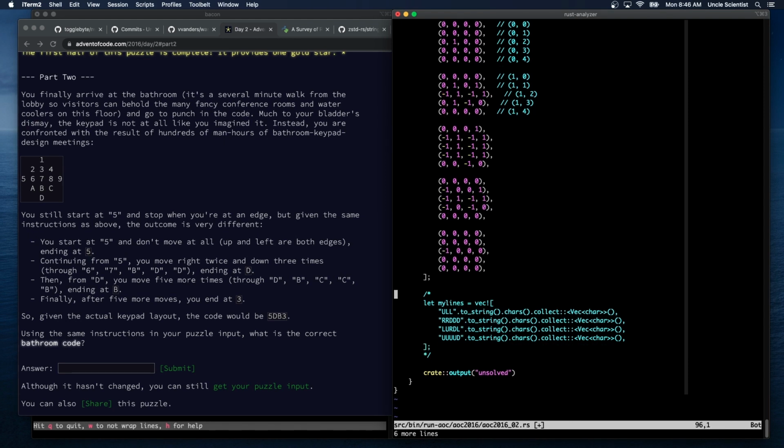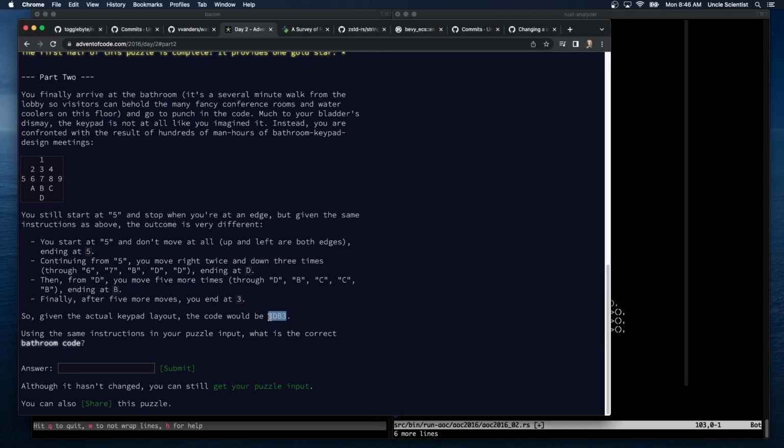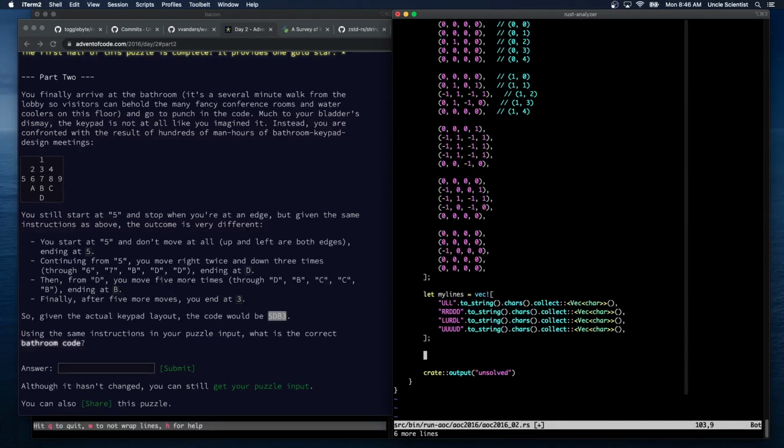So we should be able to use these mylines things here to determine if we get this 5DB3 answer. So let mut x equals, where are we starting? We're x 0, and y is going to be 2.